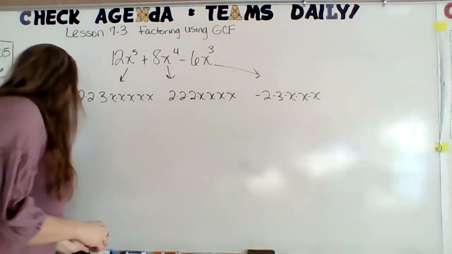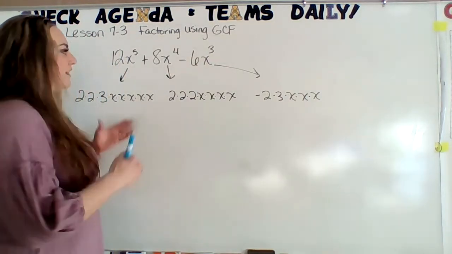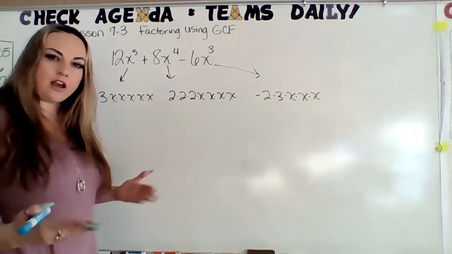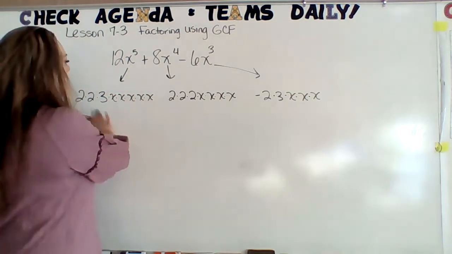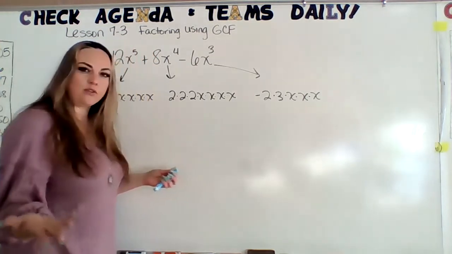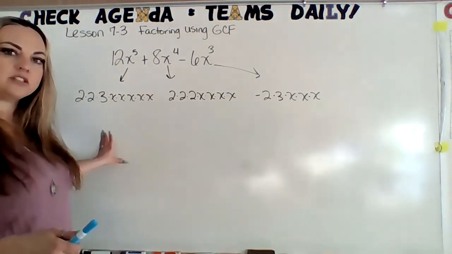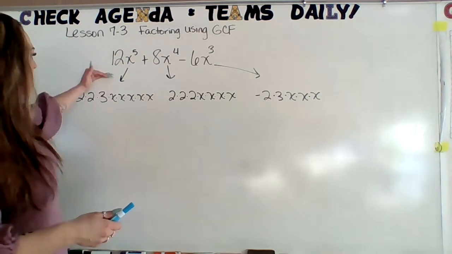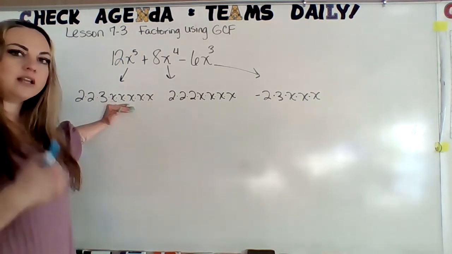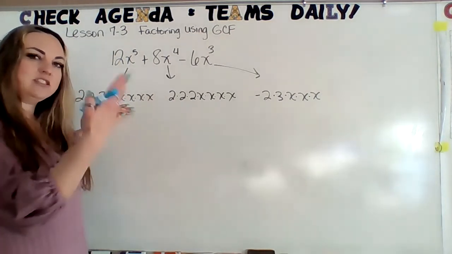Now, once you find the structure and how this is done, you don't need to write these out every time to find the greatest common factor, but it's important to start this way because this is actually reinforcing what exactly we have in these terms.